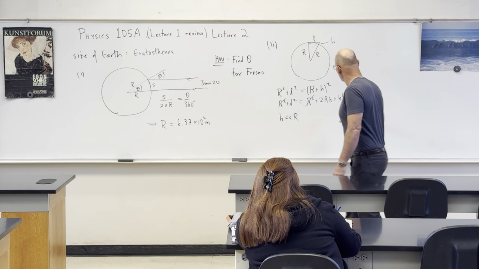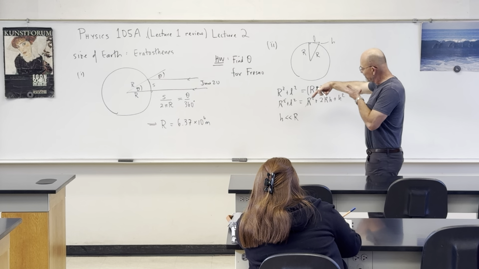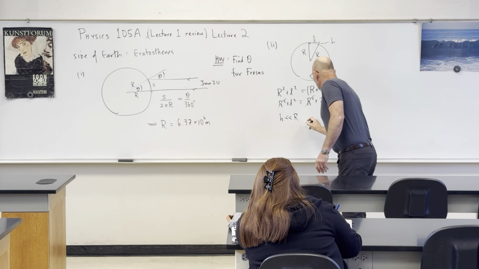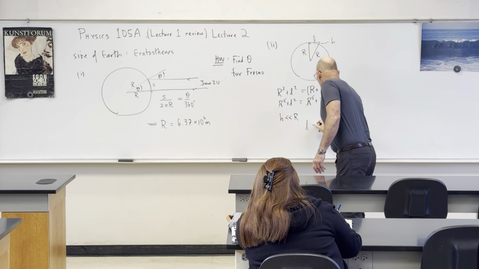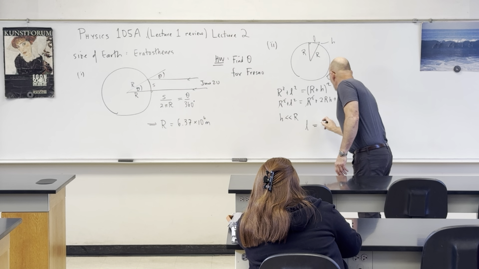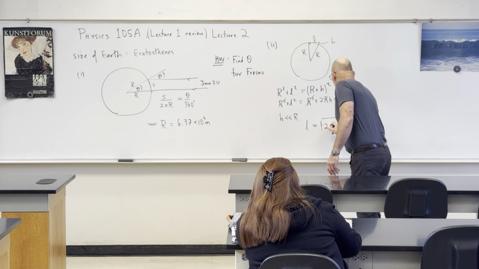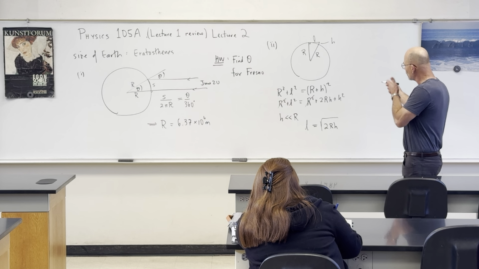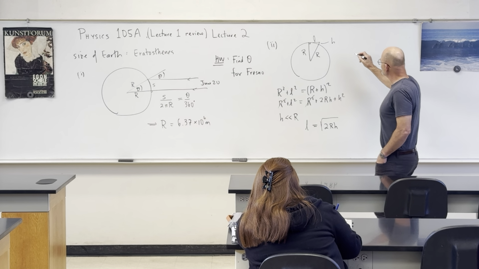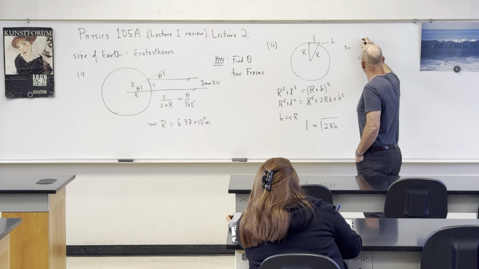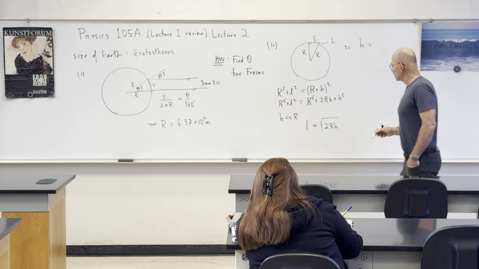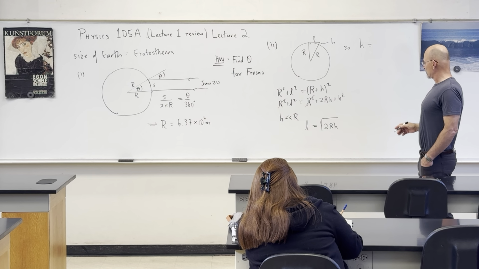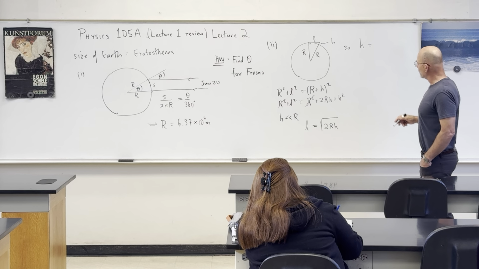We'll keep the equal sign, and we'll get L is equal to root 2rh. And of course, we can solve that for h, the distance you drop off as you move out towards the horizon. What do we get here? L squared over 2r.